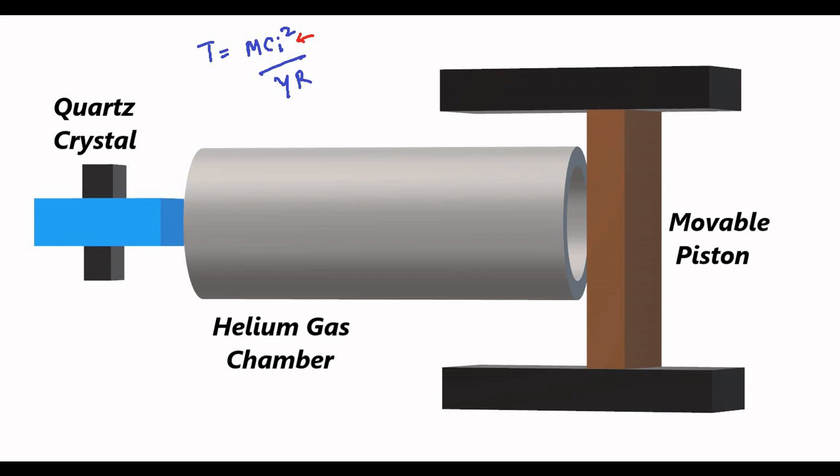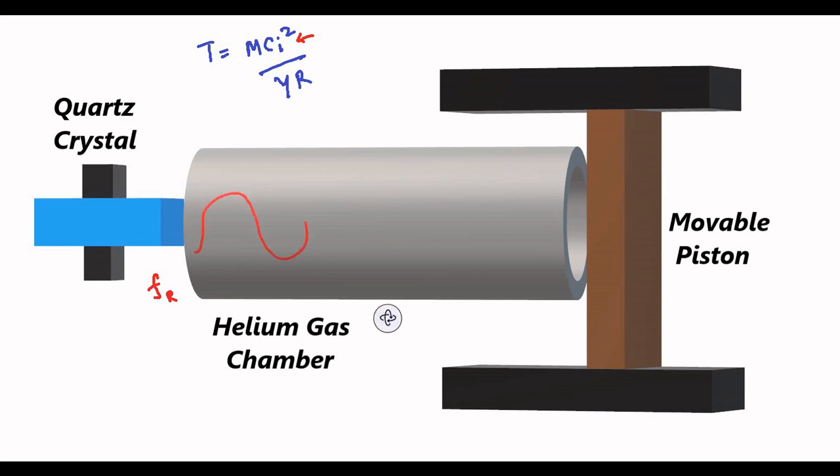which is generated by the quartz crystal. So what happens, we apply an electric potential through two electrodes to this quartz crystal. It oscillates at its resonant frequency and generates a sound wave.